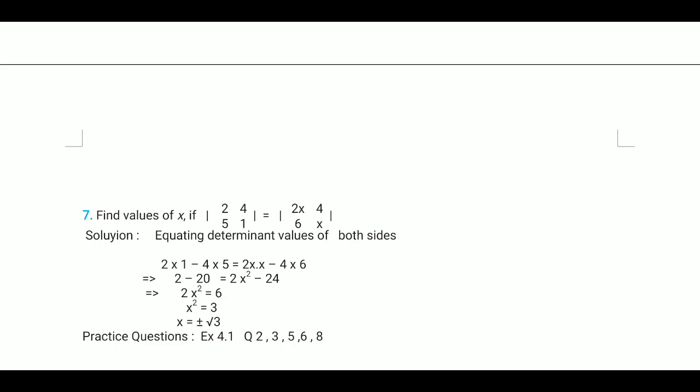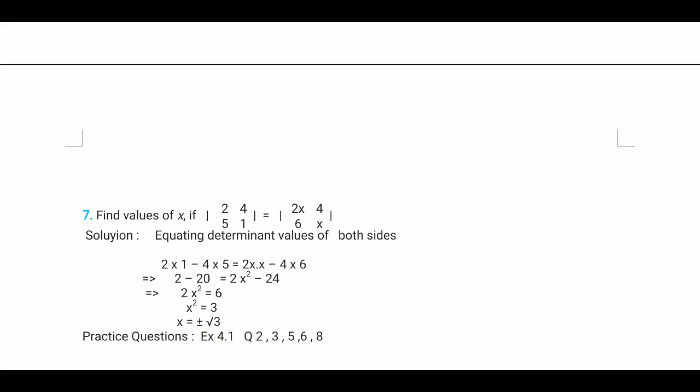But in case of determinants, if two determinants are equal, we have to find the determinant value of one side and equate it to the determinant value of the other side. It means firstly we calculate the determinant values of both sides and then equate them.